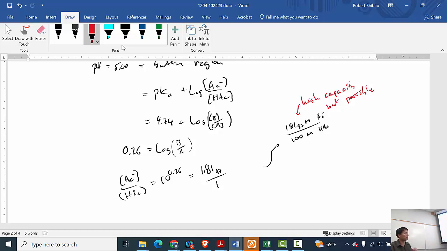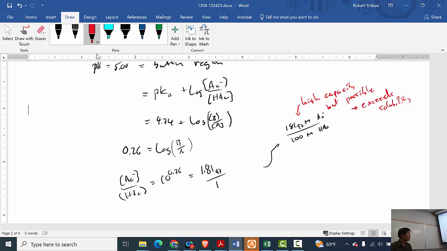This is probably going to exceed solubility. Or anything in this ratio will work.